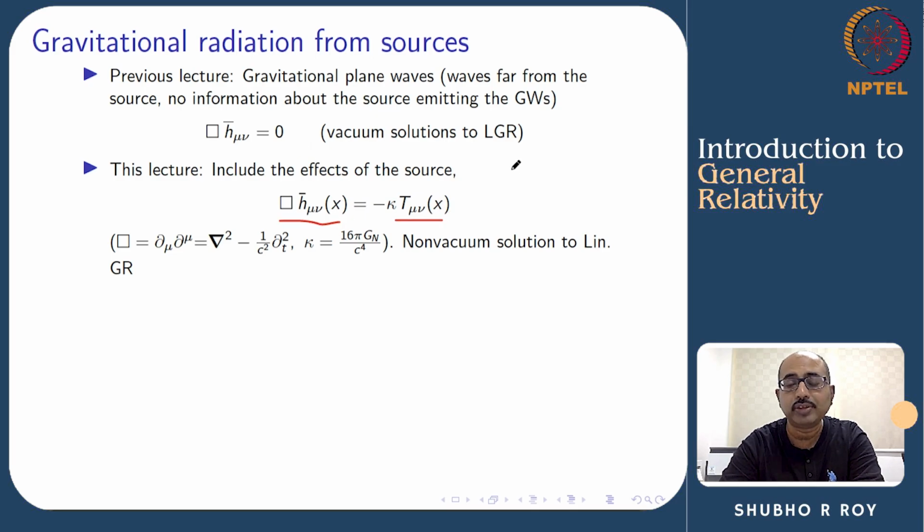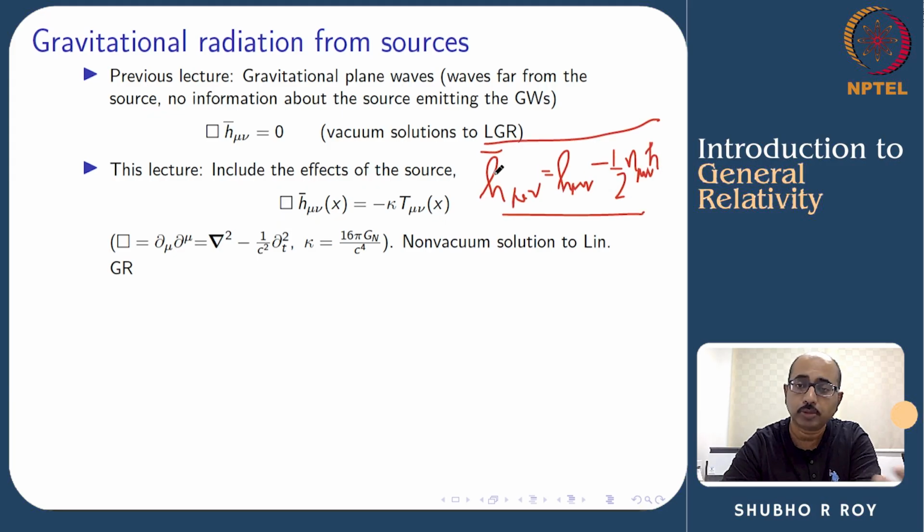So let me remind you, this h bar mu nu is not the metric perturbation, but it is something which we defined to be the trace reverse perturbation. The trace reverse perturbation is related to the metric perturbation by a linear redefinition, in this way, with eta mu nu. Right?